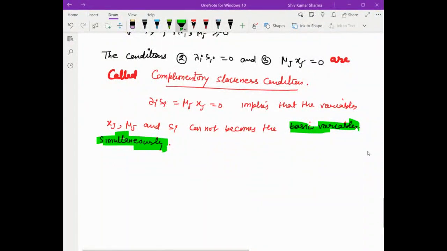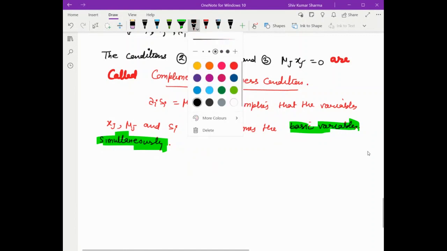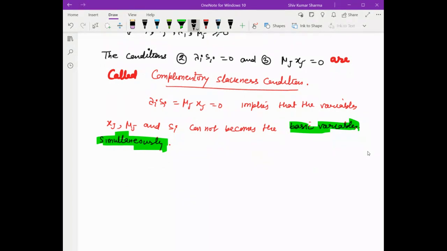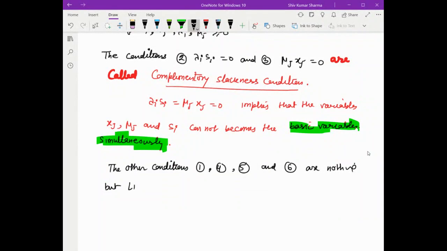Now the other conditions, that means condition number 1, condition number 4, condition number 5, and condition number 6 are nothing but linear programming constraints, containing 2n plus m variables.